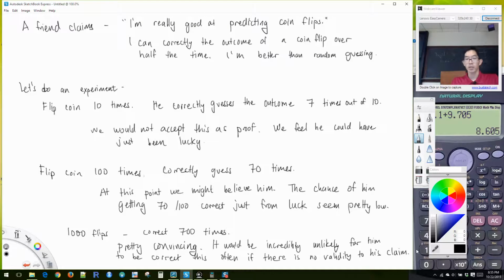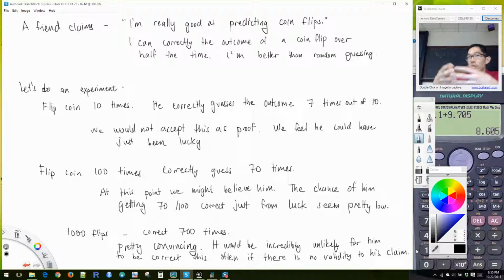Okay. So I think we have an intuitive sense of what is likely and what's unlikely. And that essentially is how hypothesis tests work. I haven't done any math here yet, but we're essentially asking, could my data have happened just from luck or random chance?